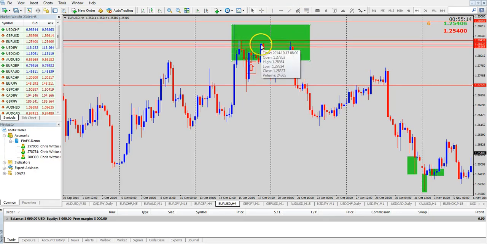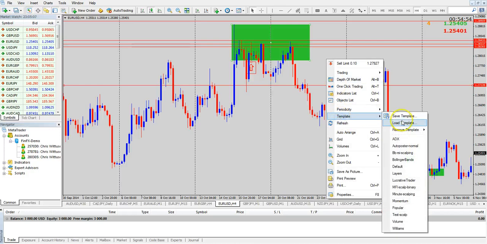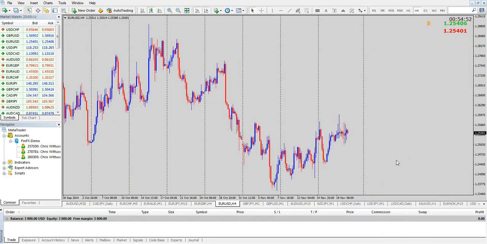Top, next top, next top. It's a step down, step down, step down. Boom, breakout. It could be a step up, step up, step up, breakout. Hence the word stair-step breakout. I know this sounds really simple, and it is. No surprises, it really is.